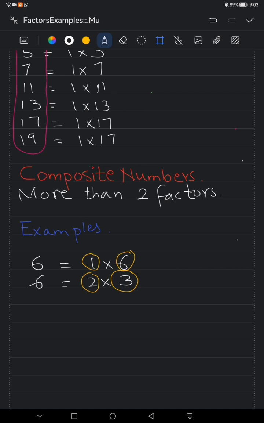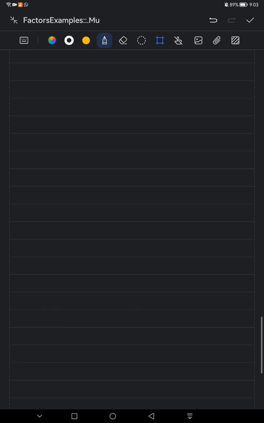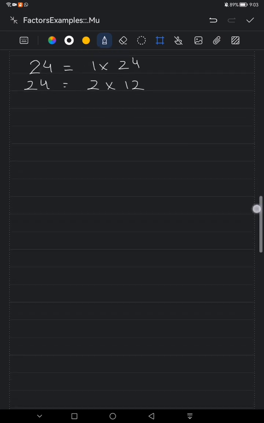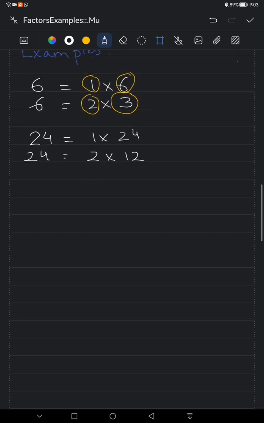Let's see another example. 24. 1 multiplied by 24. Then 24 is an even number, so it also comes in the table of 2. Similarly, 24 also comes in the table of 3.